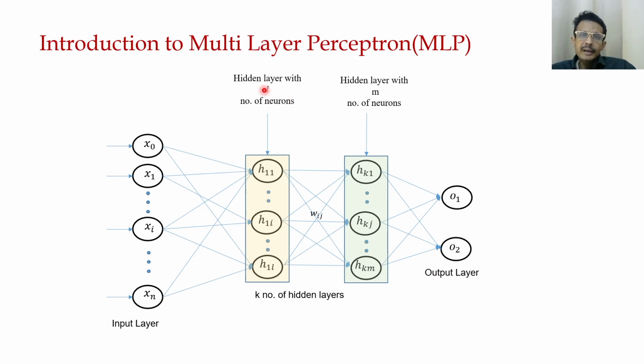The hidden layers may not necessarily have the same number of neurons. For example, this hidden layer has M neurons; this is basically the kth hidden layer.